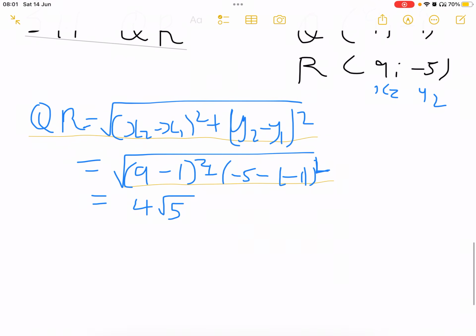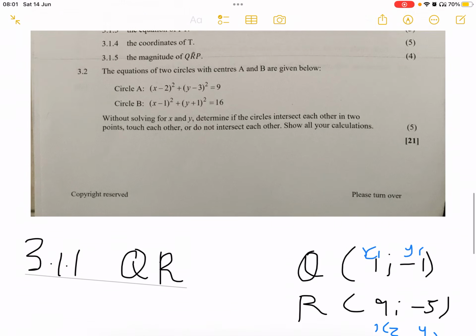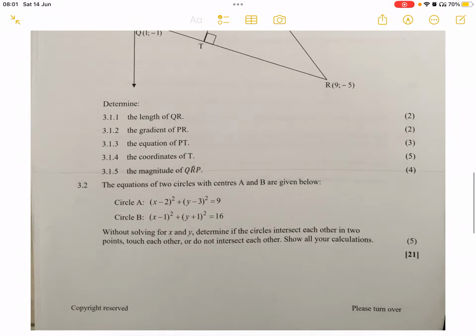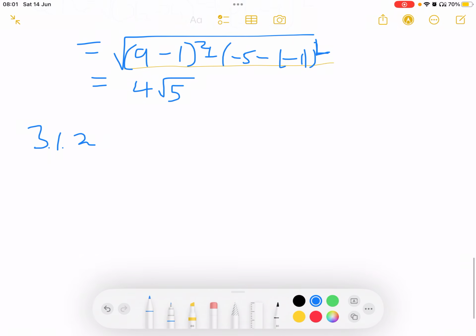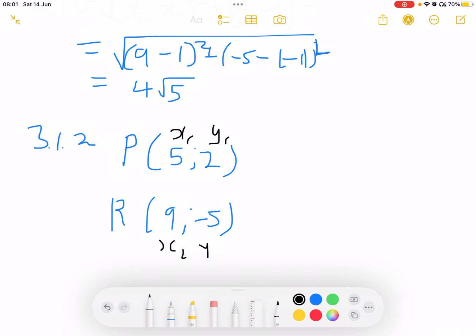And 3.1.2, they're asking us to calculate the gradient of PR. Now we are given P and we're given R, so this one should also be simple. P is the point (5; 2). R is the point (9; -5). Then we can label these x1, y1, x2, y2.